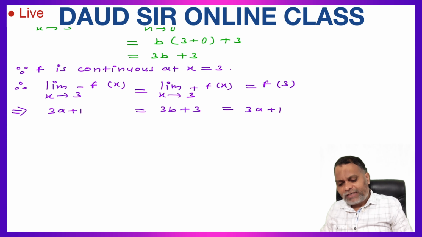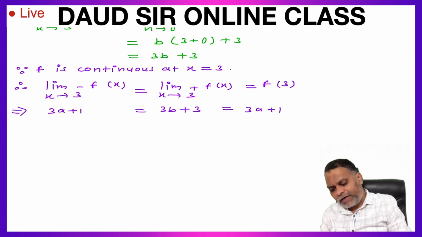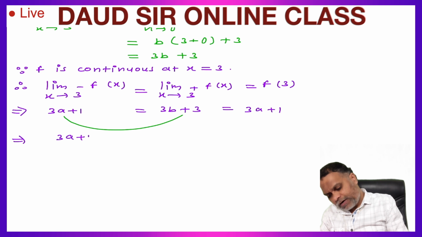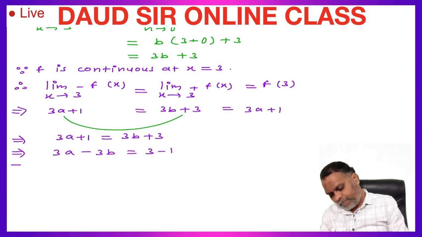So three parts here, so we can take two parts equal. Take this 2. So 3a plus 1 is equal to 3b plus 3, which implies 3a, shift this 3b this side, minus 3b is equal to 3 minus 1. 3a minus 3b is equal to 2.